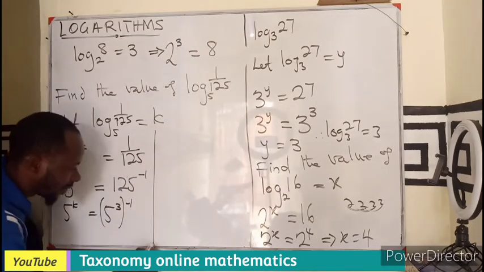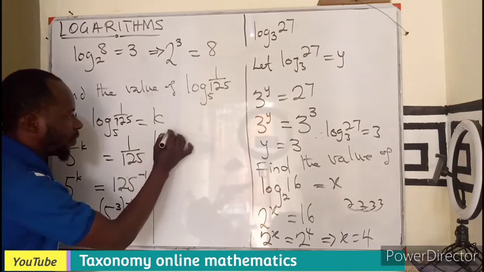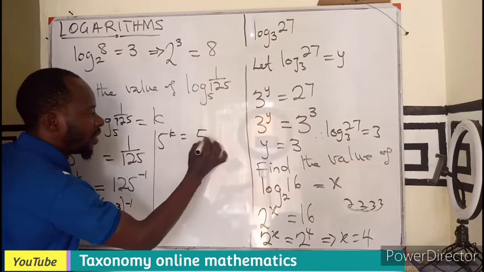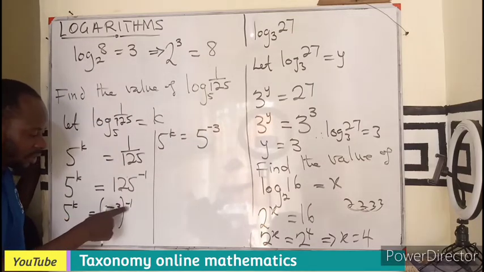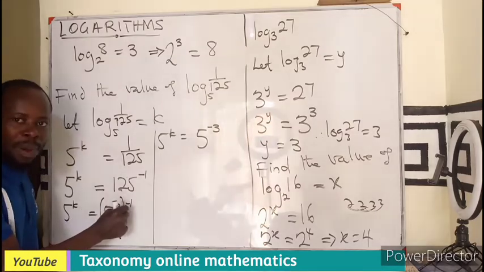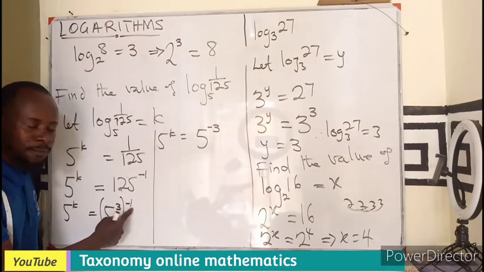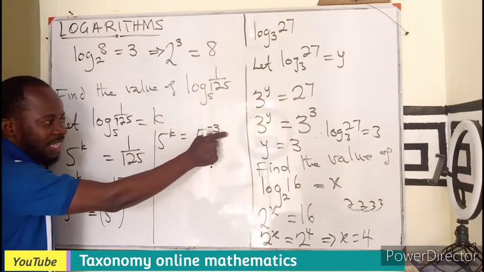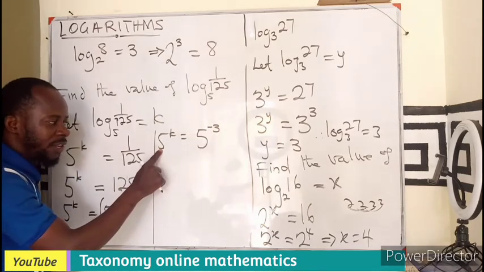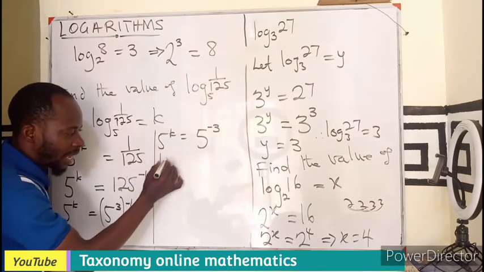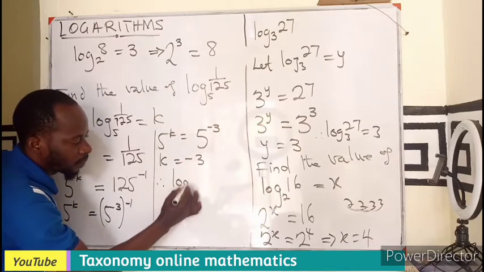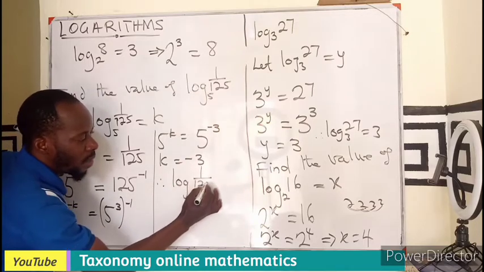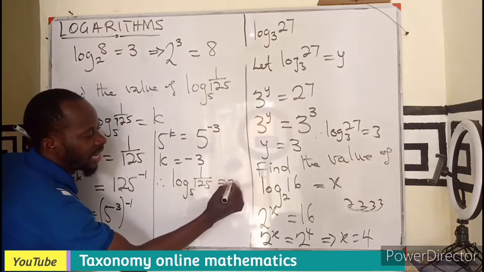So in that, our 5 exponent k is going to be 5 exponent minus 3. Property of indices: a power raised to a power, the powers will multiply. So this will give us negative 3. So per the law, since the bases are the same, our k is going to be minus 3. Therefore, log 1 over 125 base 5 is just minus 3.